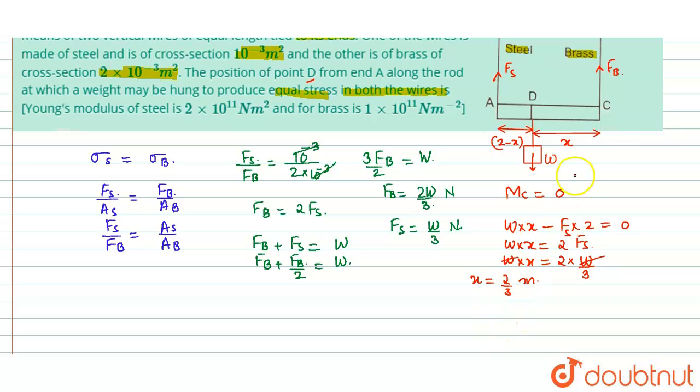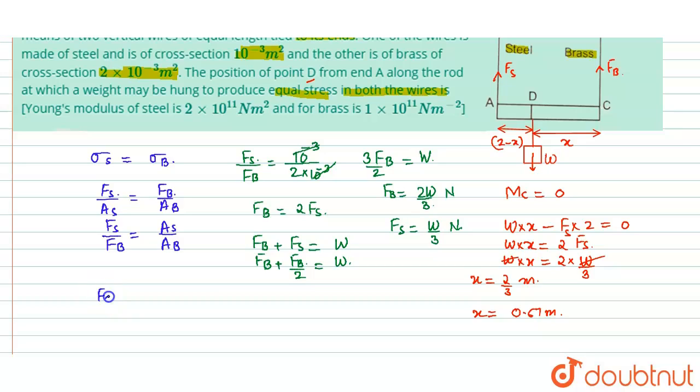meters. So if you take the position from C, it is 2 by 3 meters. We can also convert that: x equals 0.67 meter from end C. And if you take the position from end A, what will be the answer?